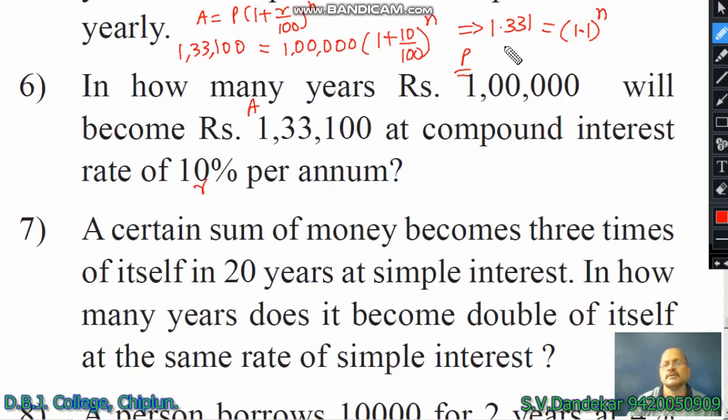We know that this 1.331 is 1.1 cube. 1.1 cube is 1.331, and therefore n is equal to 3.